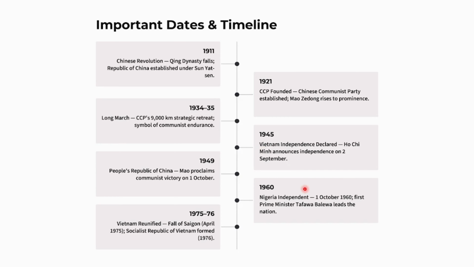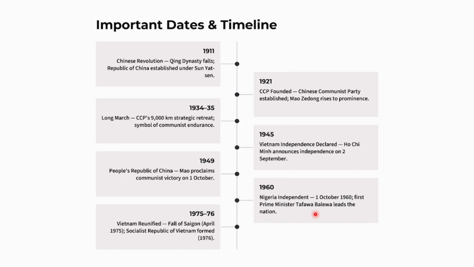In 1945, Vietnam's independence declared: Ho Chi Minh announced independence on September 2. In 1949, People's Republic of China, Mao proclaims communist victory on 1st October. In 1960, Nigeria independent on 1st October 1960. First Prime Minister Tafawa Balewa leads the nation.